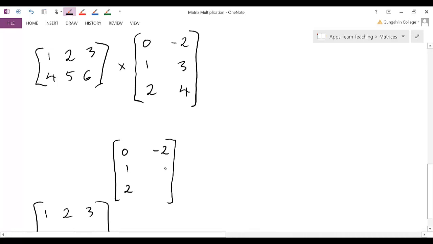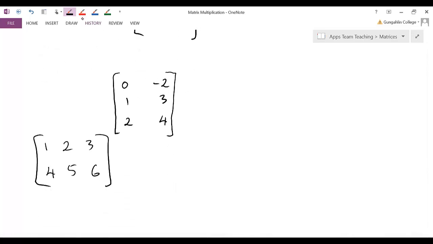Now, the advantage of setting it out like this is it helps me keep track of what I'm multiplying together at each stage. So my result is going to live in this space here. And each of these values is going to be made up by combining this row with that column. Okay, and I'm actually going to do my working over here on the side to help me out.